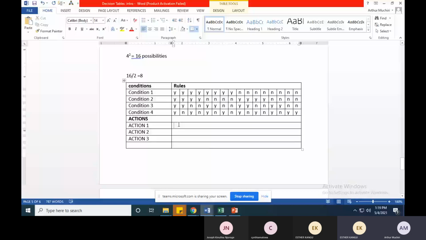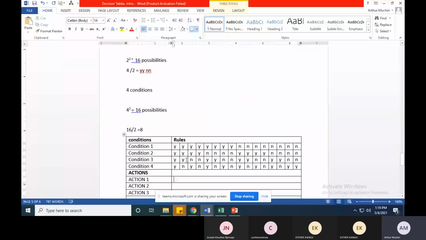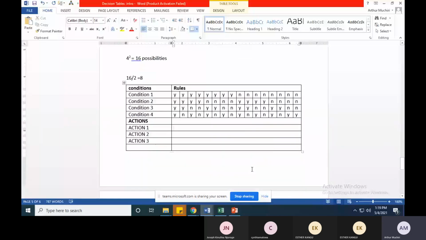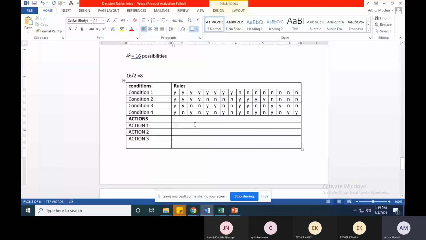This one is for a more complex table, eh? Yeah, and at our level we may not come to this. This was just an example as to how we create these ones or how we come up with the rules here. It's just to help you understand. But in case you find such questions, of course, now you will be able to handle it. It all depends on the question they are asking.